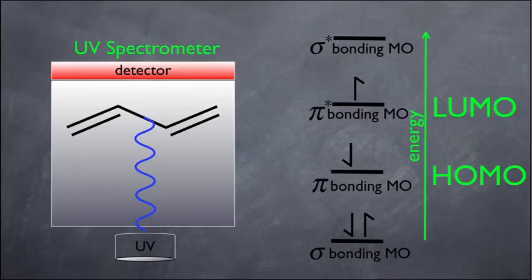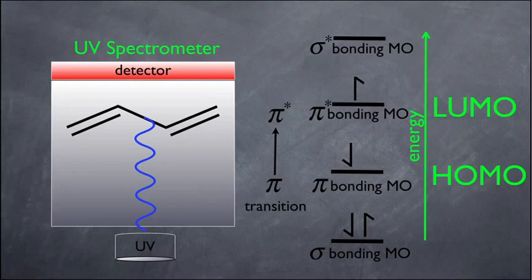And that's why that conjugated system absorbs UV light. It's simply because the difference in energy between HOMO and LUMO is equal to UV light energy. So that's why conjugated systems absorb UV light. Here's some vocab. We call that a pi to pi star or pi to anti-pi transition.